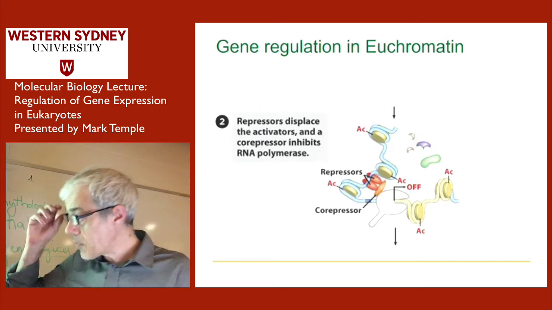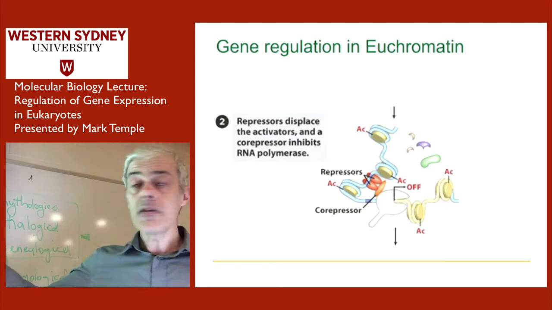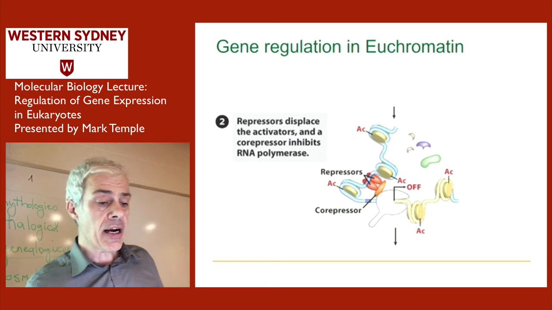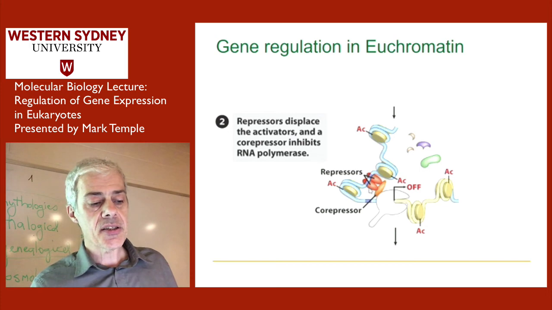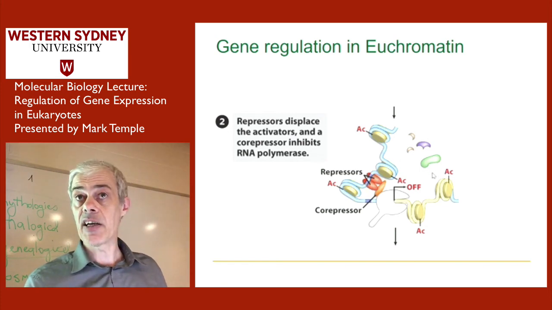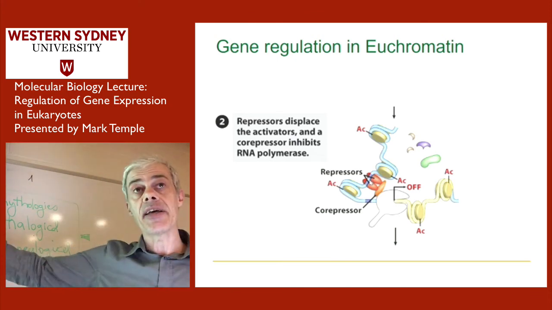The next step in turning off a gene would be some repressors getting involved to bind. The way of rationalizing what's going on here is that these repressor proteins have a stronger affinity to bind to DNA than these activator proteins, so they end up displacing the activators.